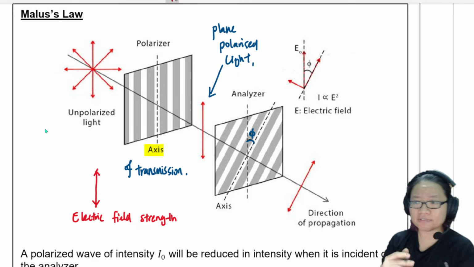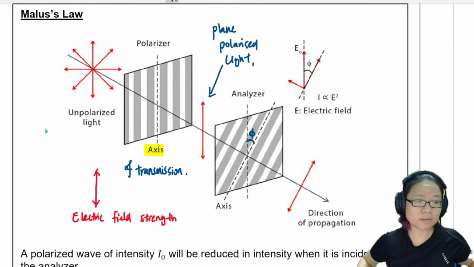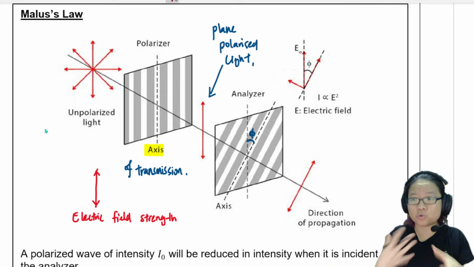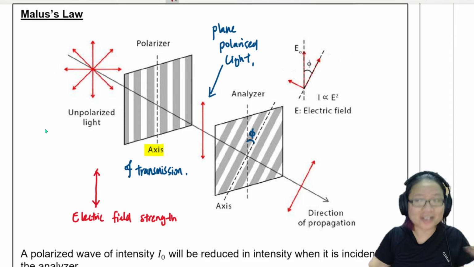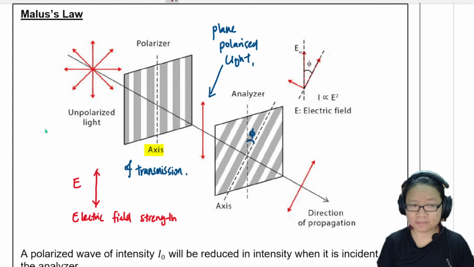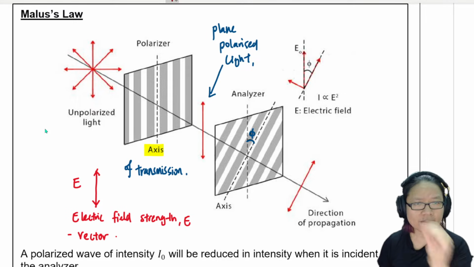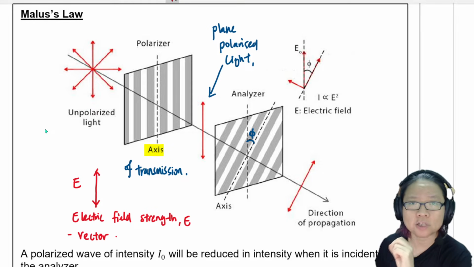We will learn and define electric fields in A2, or later in the syllabus. But you can see this as a way to represent the field or the strength or the energy of the light. It's a very crude way to talk about this. I'm going to label this as E. The thing about electric field strength E is that it is a vector. Ladies and gentlemen, if it's a vector, we can resolve.